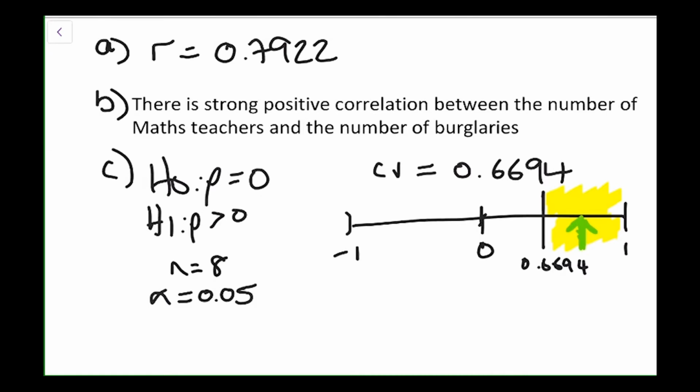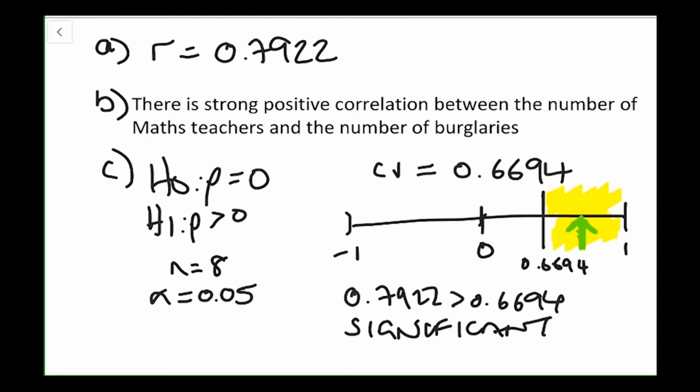From here, we can draw our conclusions. Firstly, we'll just make a comparison of the two values. So our calculated value, 0.7922, is stronger than the critical value, 0.6694. We have a significant result. From here, we're going to need two conclusions, one mathematical and one contextual.